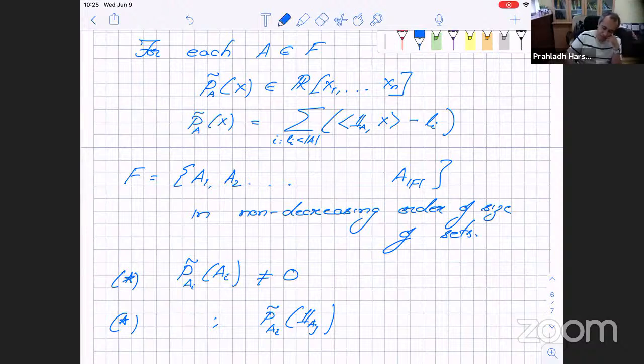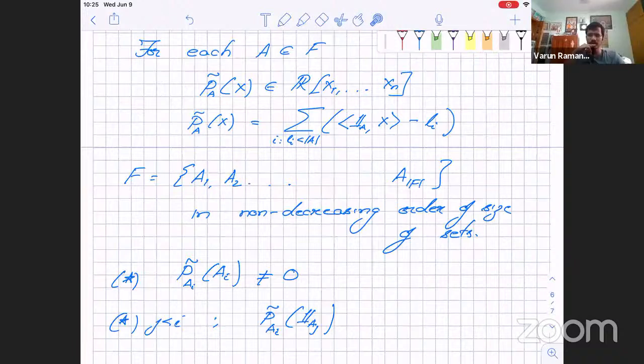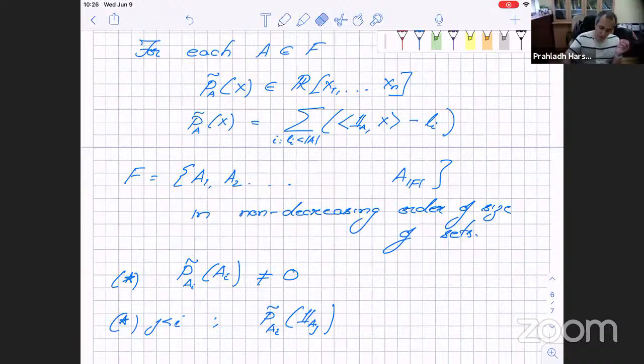This was j less than i. The intersection between A_i and A_j is a number certainly less than the size of A_i, so it will appear in this product, and hence it will zero out. Did you want to take the product? Oh yeah, sorry, what did I say? I certainly want to take the product.